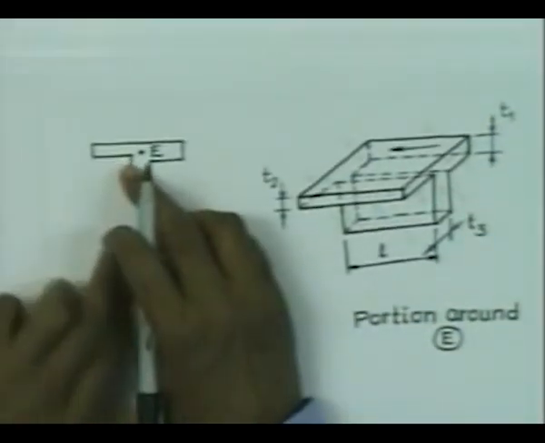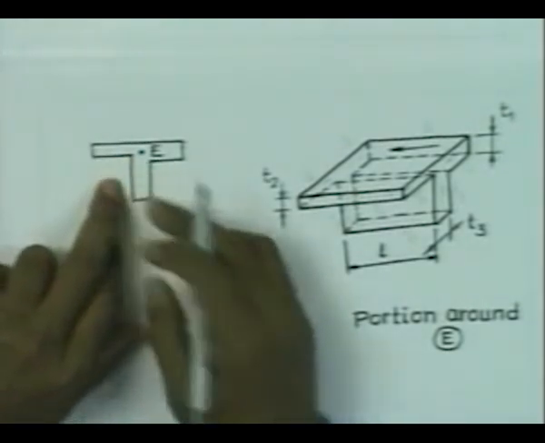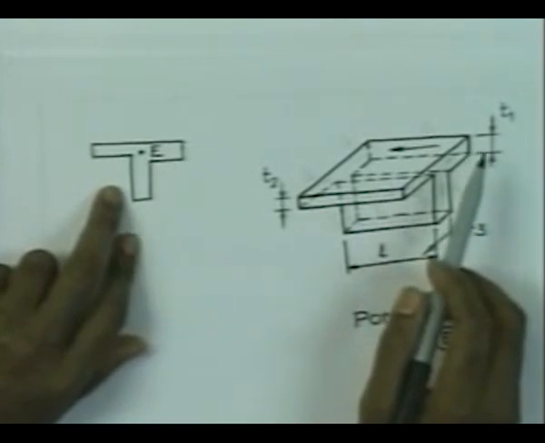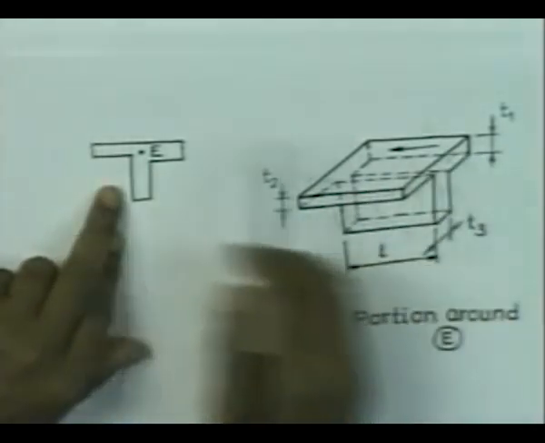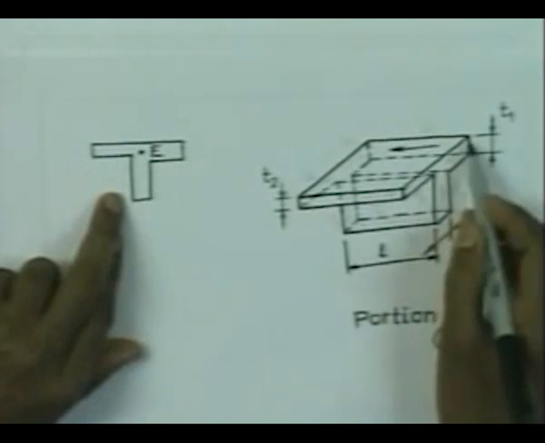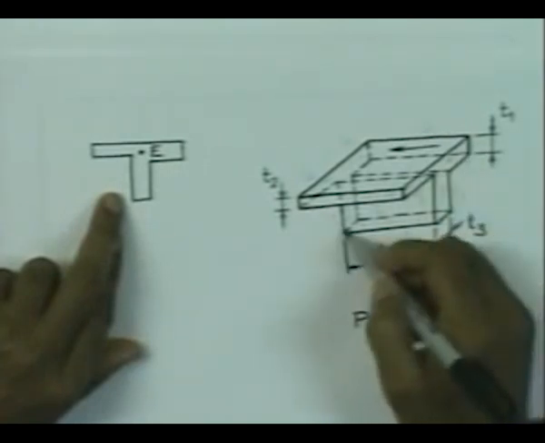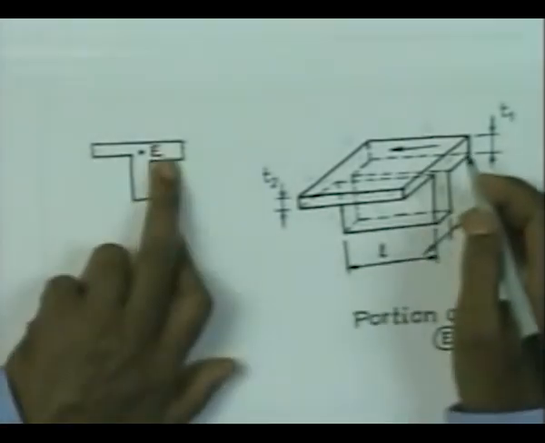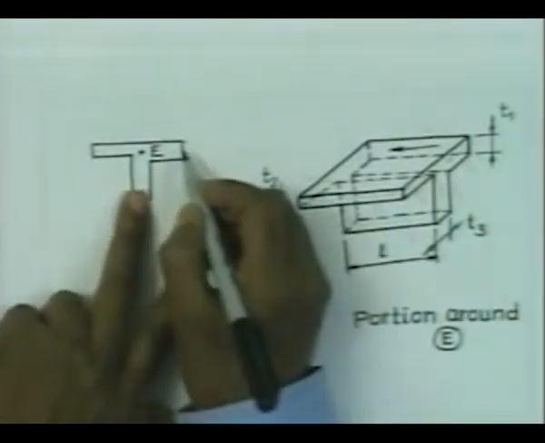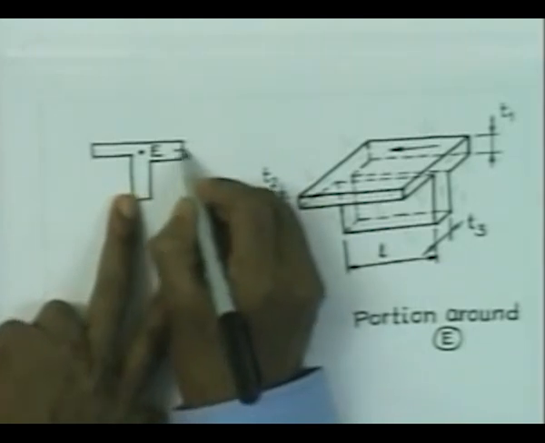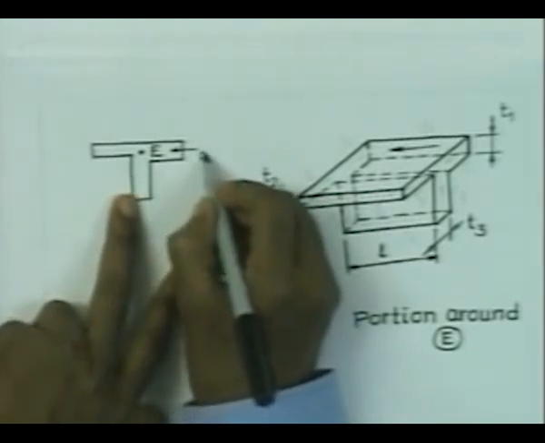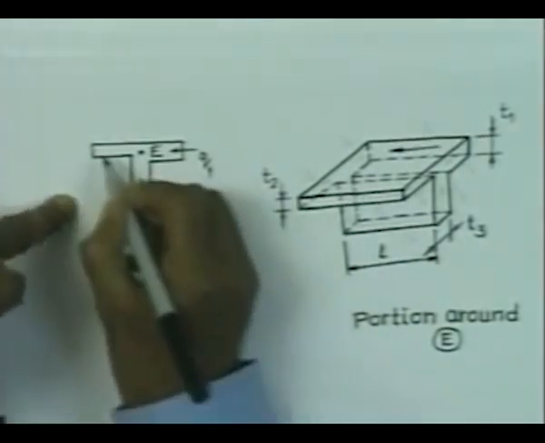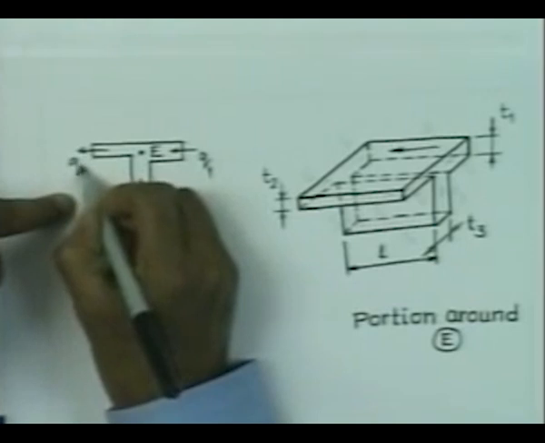This is the point we are talking about, and the shaft is going to be in the length direction, in this direction. I am trying to just take a portion of the section like this, and let us assume that the flow is of magnitude Q1, here it is Q3, here Q2.